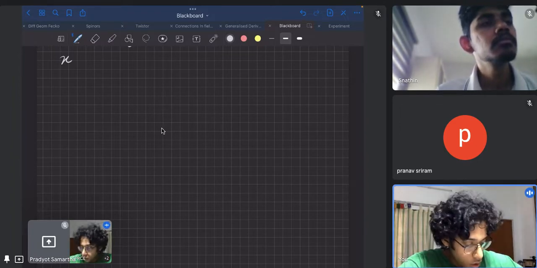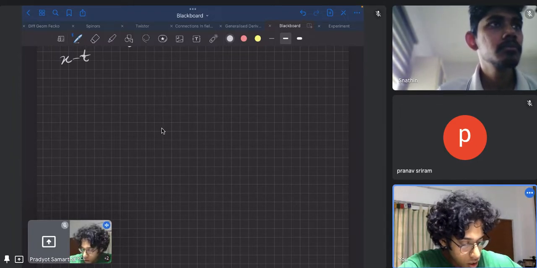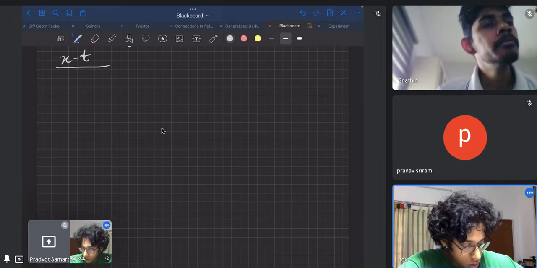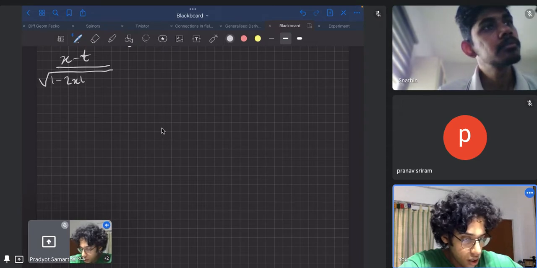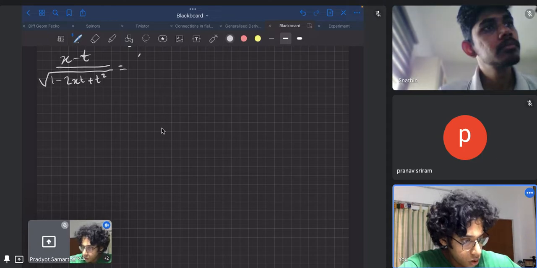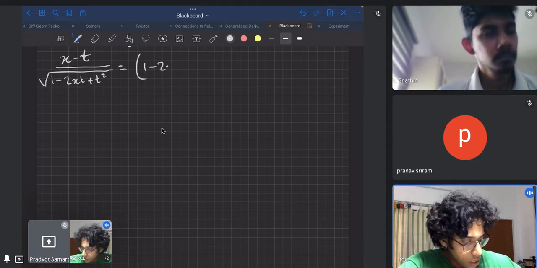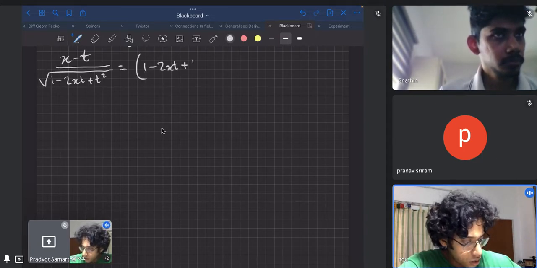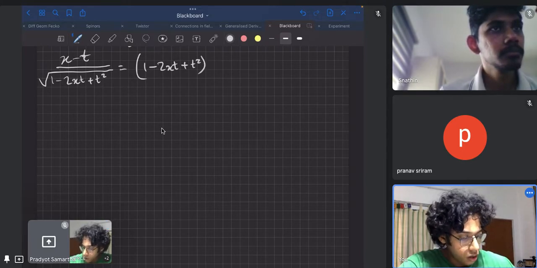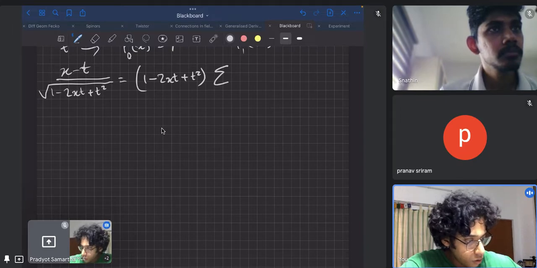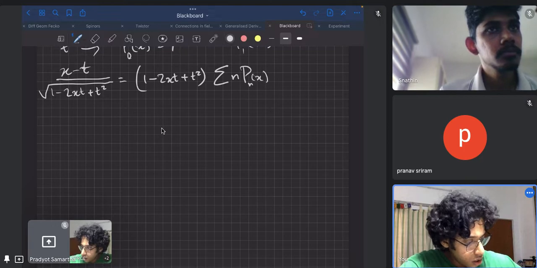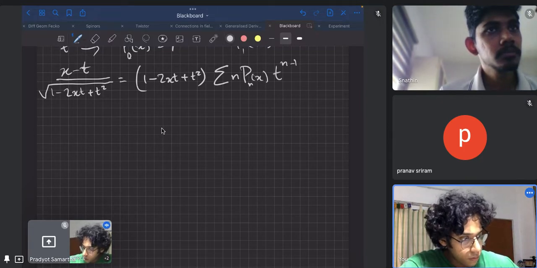Then you have x minus t by root of 1 minus 2xt plus t square, equal to 1 minus 2xt plus t square times the summation of n Pn of x t to the power of n minus 1.